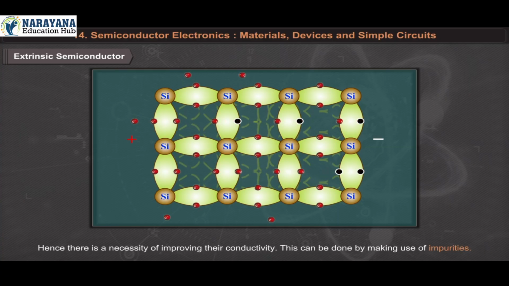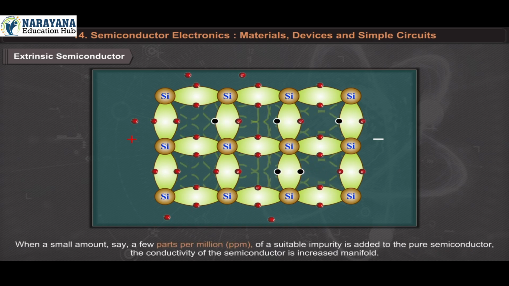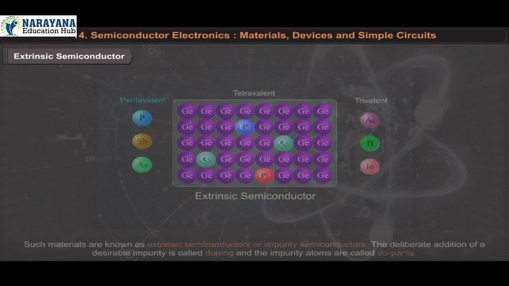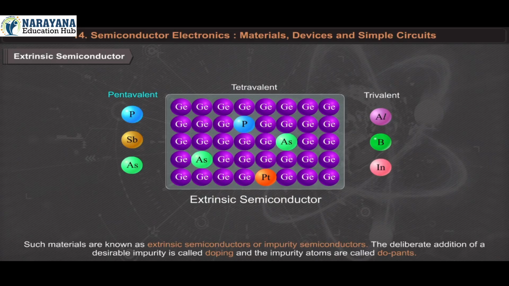This can be done by making use of impurities. When a small amount, say a few parts per million, that is ppm, of a suitable impurity is added to the pure semiconductor, the conductivity of the semiconductor is increased manifold. Such materials are known as extrinsic semiconductors or impurity semiconductors.